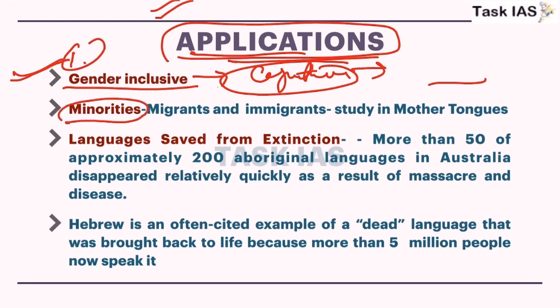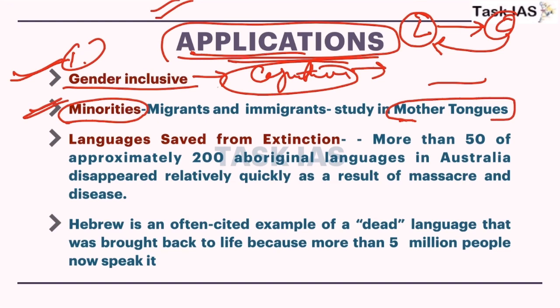Second is minorities. As we have understood, language is related with culture and culture is related with language. So if some minorities have their specific culture and consider language as their identity, then focus on their teaching and study in mother tongue is important.